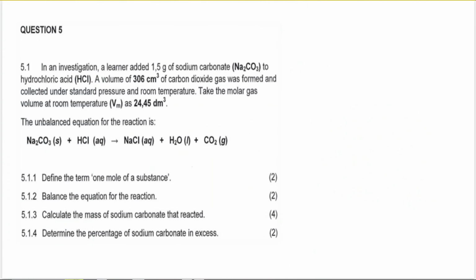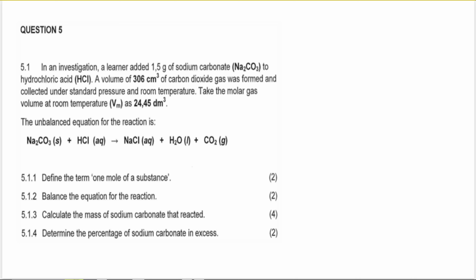Then here are some exam questions which include all of the different topics that I went through. This is question 5.1. In an investigation, a learner added 1,5 grams of sodium carbonate, Na2CO3, to hydrochloric acid, HCl. And remember, hydrochloric acid is a strong acid, just for your information.